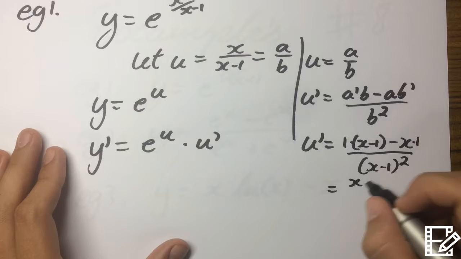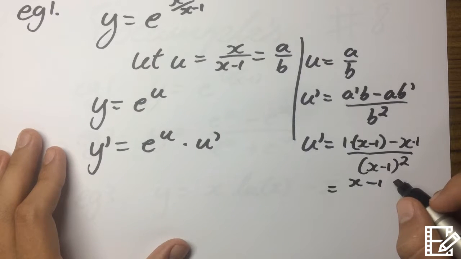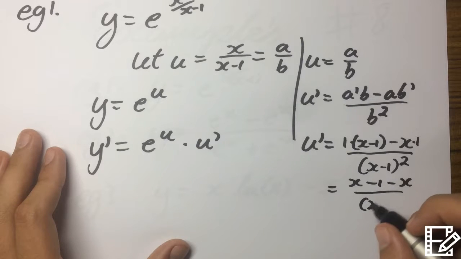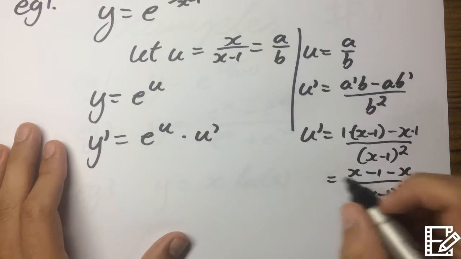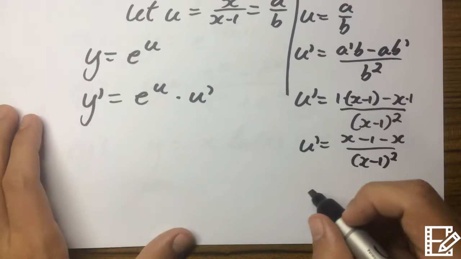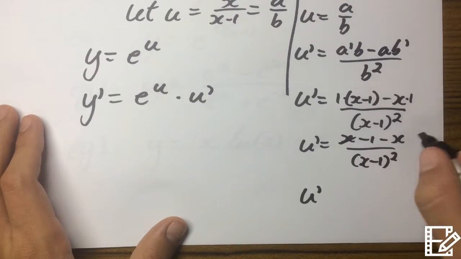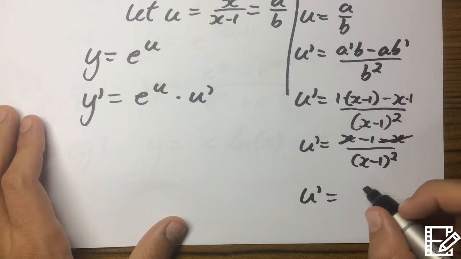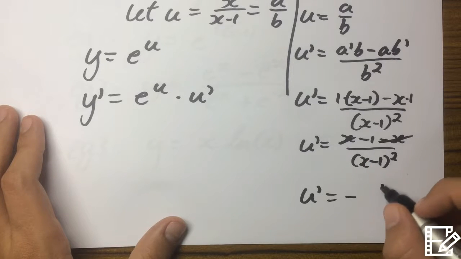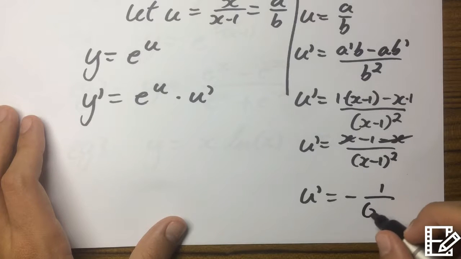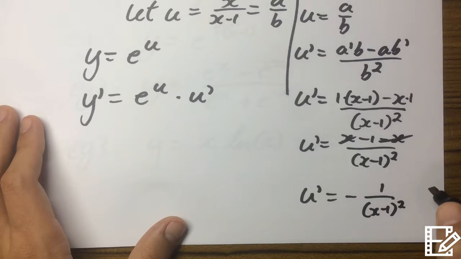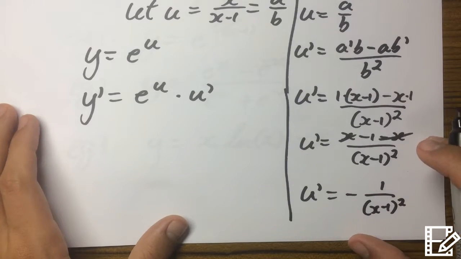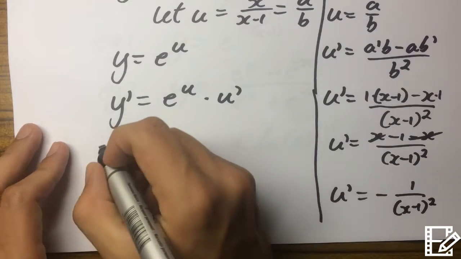This can be written as x minus 1 minus x over x minus 1 squared. And if we simplify that further, we get rid of the x's because x take x, and then we just got negative 1 over x take 1 squared. And that's our derivative of u. So we're going to sub this in.